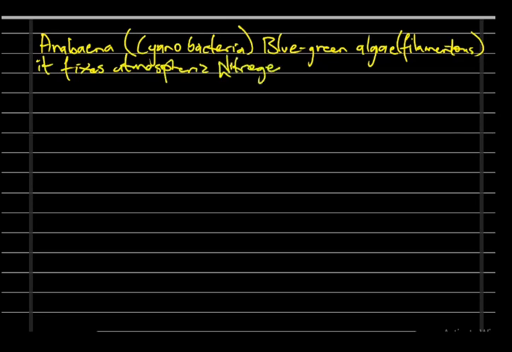That is a major action that it carries out as a free living form, or in a mutual association. So we can see all of these in the Anabena. It goes into mutual association with roots of some other plant.